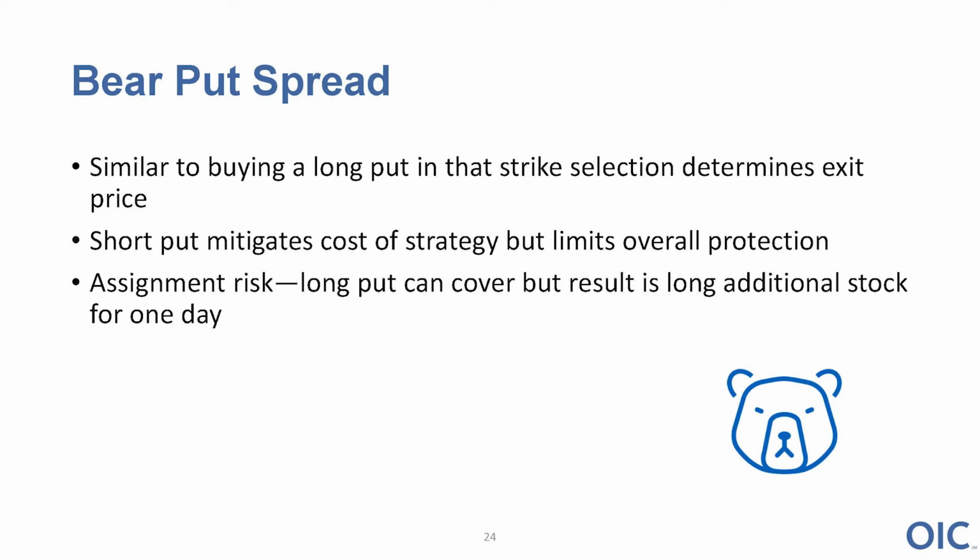But typically puts don't get exercised early these days. There has to be an economic reason why somebody exercises an option early. In the case of puts, the only reason somebody would really exercise a put early is if the short interest to be gained by being short the stock is greater than the time premium left in the option.